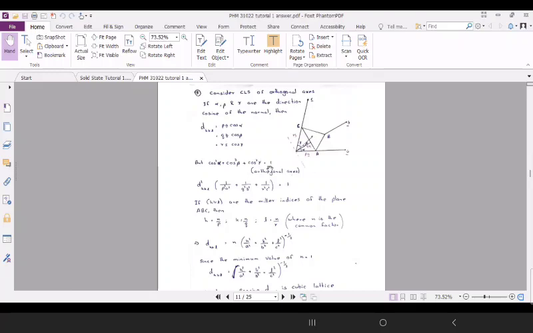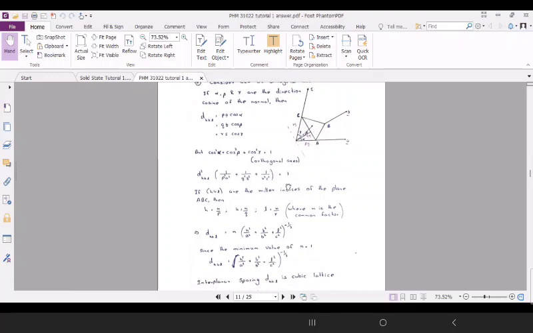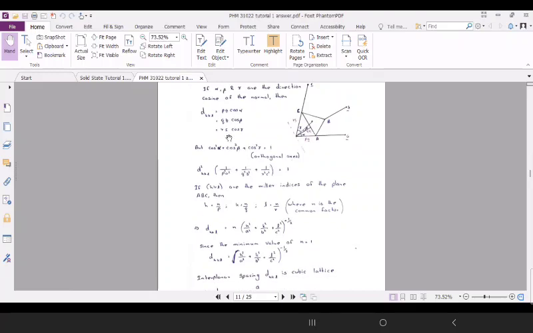You can easily get the relationship between alpha, beta, gamma for the orthogonal axes. Using that, you can substitute the previous values. We already got three equation values, so you substitute those into this equation.